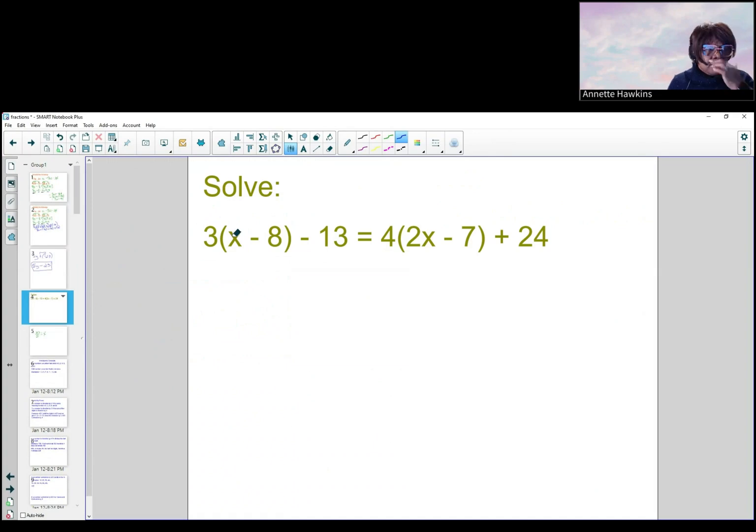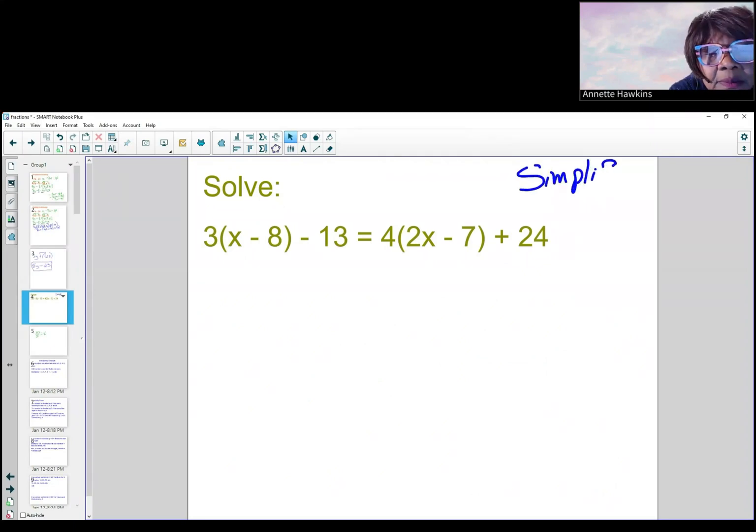And this is solving an equation. So we want to simplify, isolate, and divide. All right, so we simplify. And what that means is we remove the parentheses. Let me get Miss, hold on just a minute. We need a little light here.